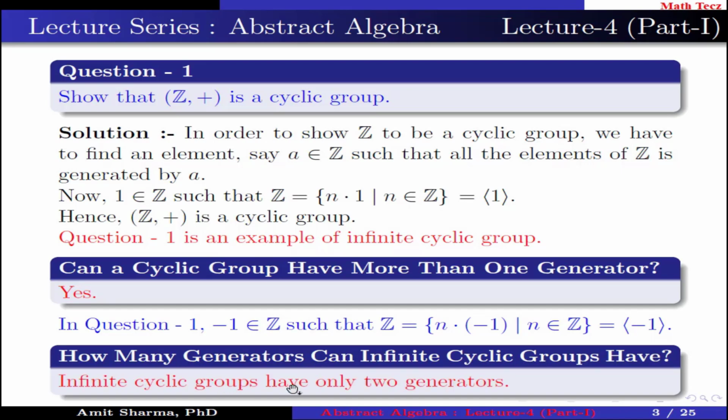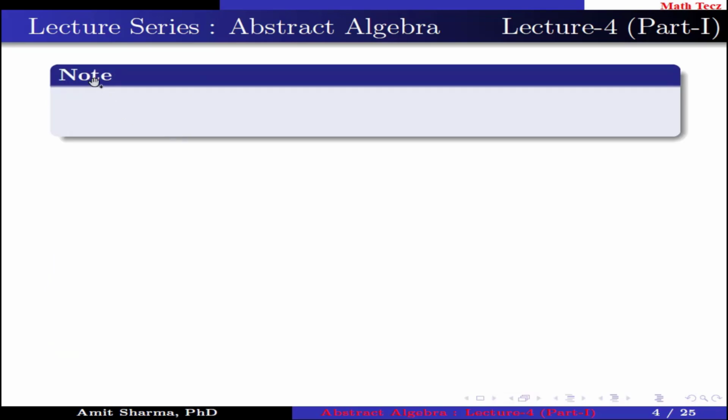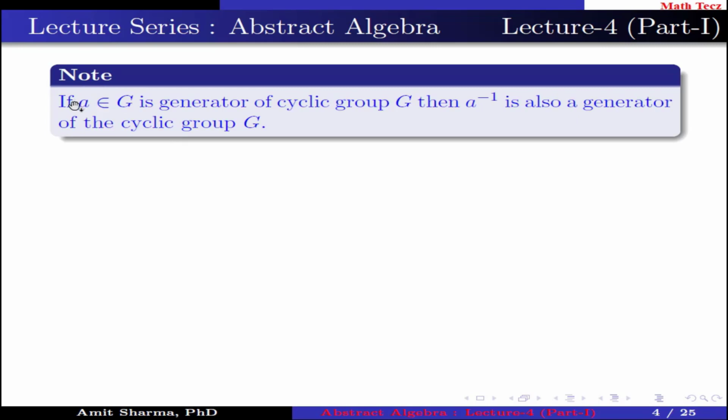Infinite cyclic groups have only 2 generators. Next is note. If A belongs to G is a generator of cyclic group G, then A inverse is also a generator of the cyclic group G. In question 1, minus 1 is the inverse of 1.